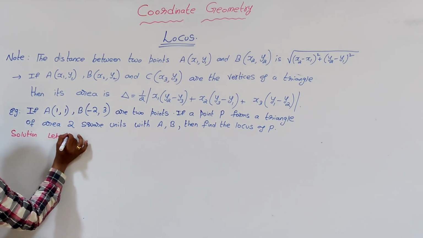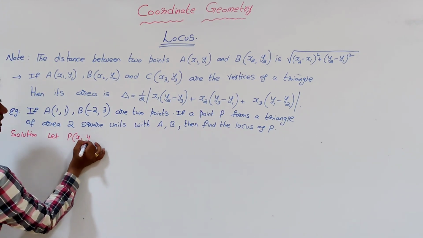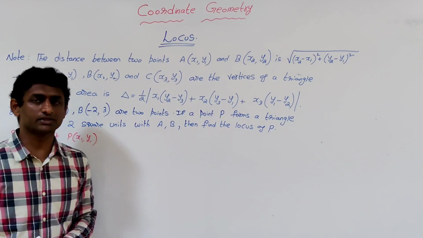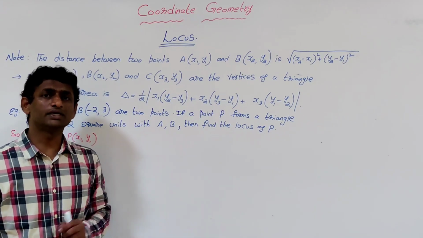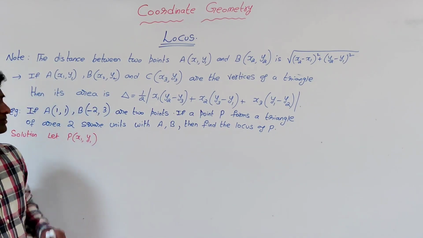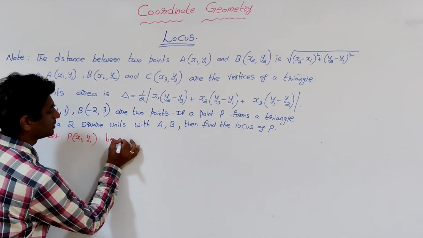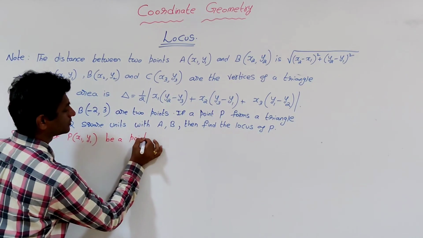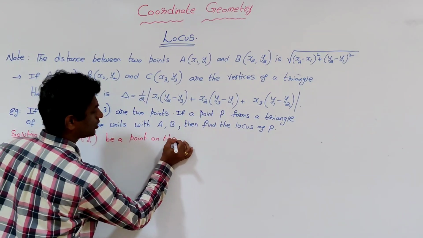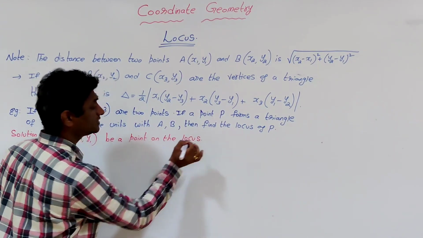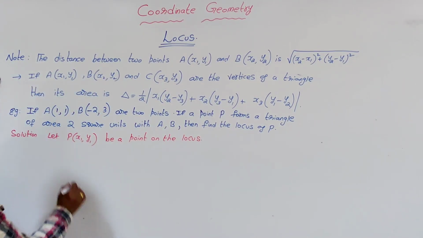Let P(x1, y1) be a third vertex which forms a triangle with A and B, a point on the locus. And what is the geometrical condition he has given?